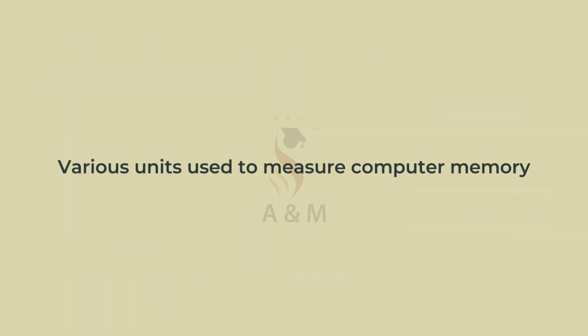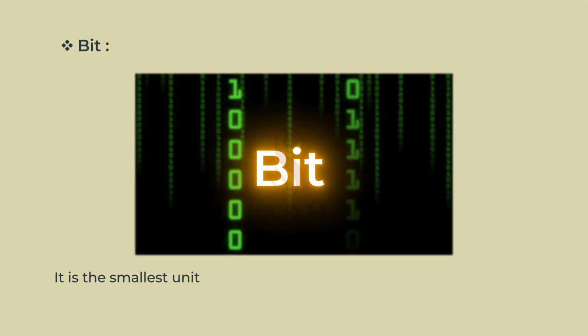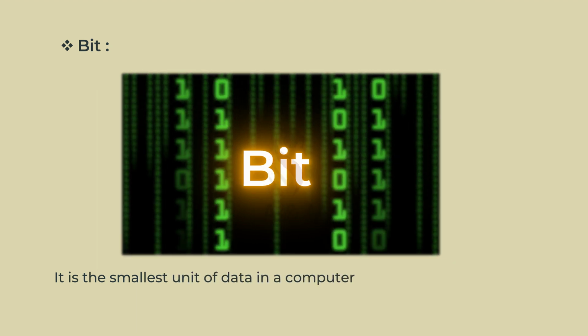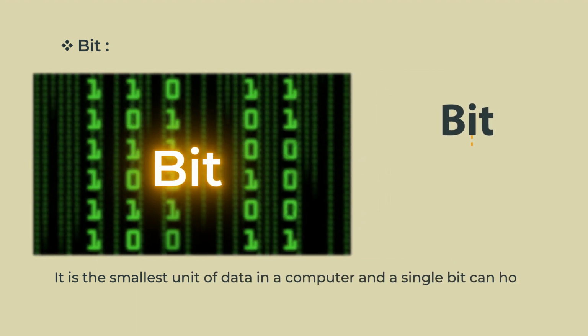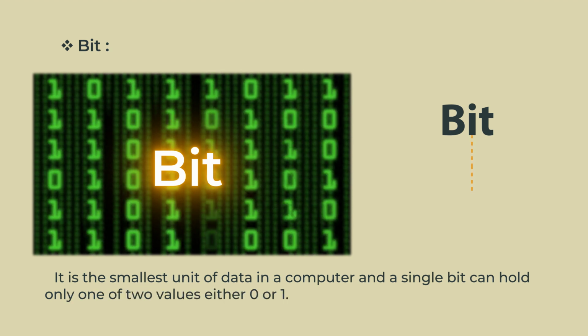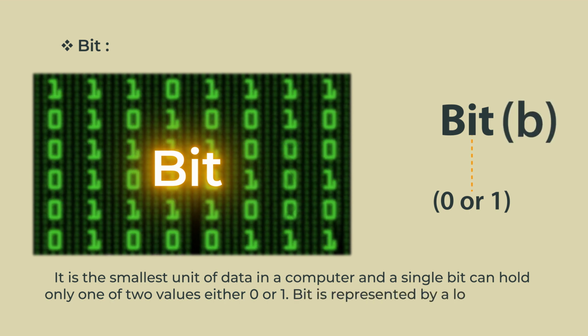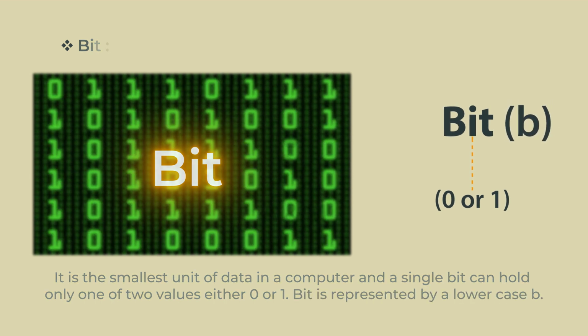Now let us discuss the various units used to measure computer memory. First, bit. It is the smallest unit of data in a computer, and a single bit can hold only one of two values, either 0 or 1. A bit is represented by a lowercase b. Second, byte.